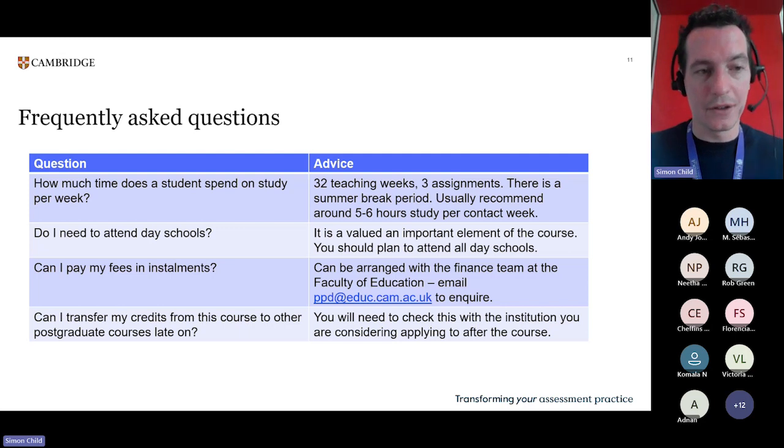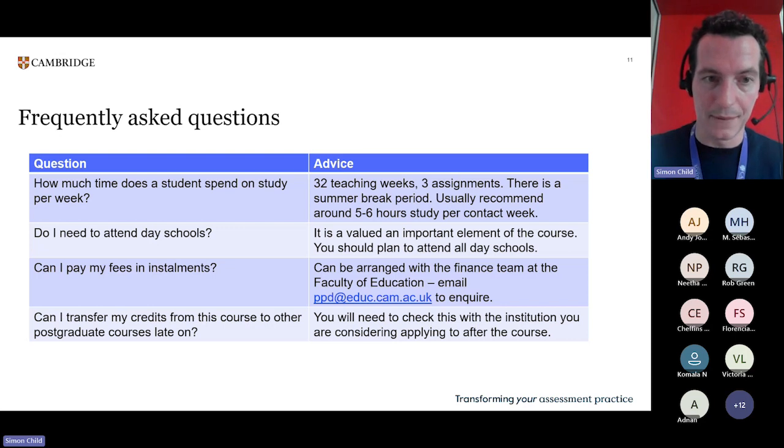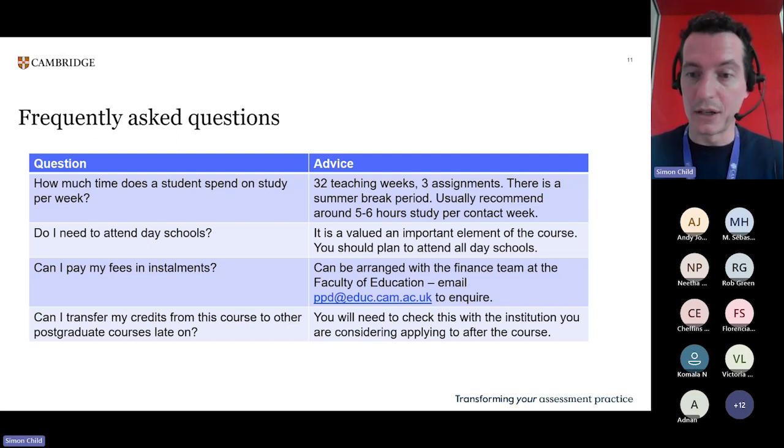And another question we get asked is, can the 90 credits from this course, for people who successfully complete it, be transferred from one course to another? You potentially can, and you certainly can within the University of Cambridge.